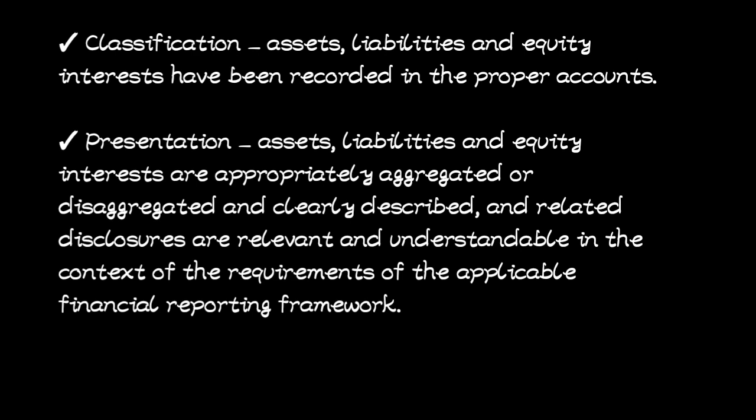Yeah, so those are the assertions in relation to account balances: presentation, classification, accuracy, valuation, and allocation, then existence, rights and obligations, and completeness. That is all about assertions, and this is the end of topic 3, auditing.